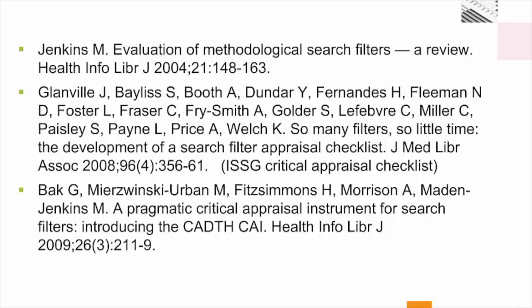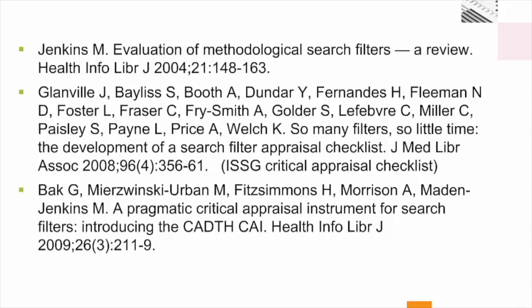And then the other two are more detailed appraisal checklists, and the paper that I'm a lead author on, the second one, is quite a hand-holding tool. It assumes that people who are appraising the filters don't have much experience, and we try to hold the appraiser's hand through the issues that we felt were important when critically appraising a search filter.